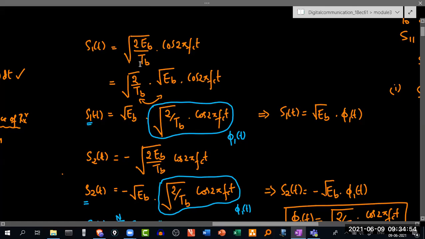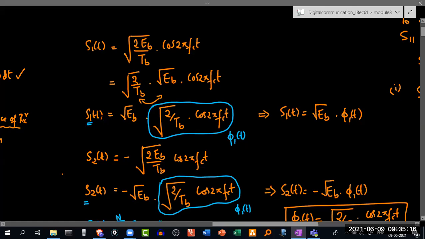This square root term I'll be dividing into two terms, that is square root of 2 by TB into square root of EB. And if I rearrange this, I'll in turn get S1 of t equal to square root of EB into square root of 2 by TB into cos 2 pi FCT.